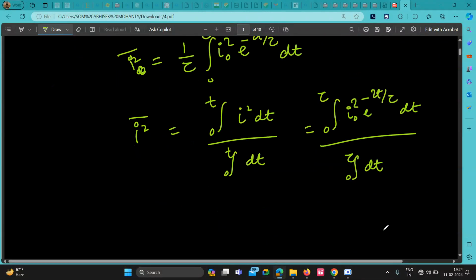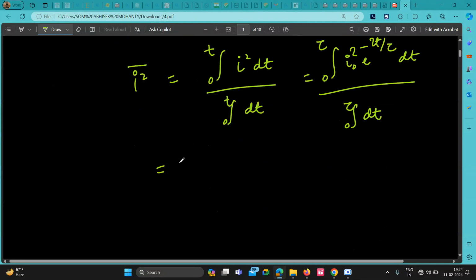If I write it, I naught square will come out: I naught square, integral 0 to tau of e to the power minus 2t by tau dt, whole divided by tau, right?